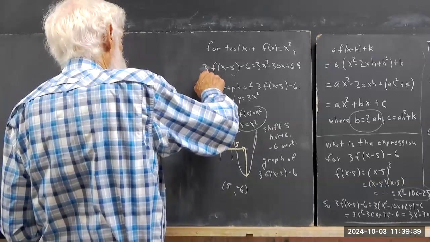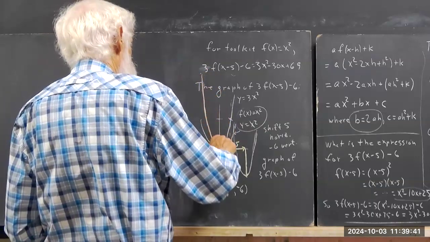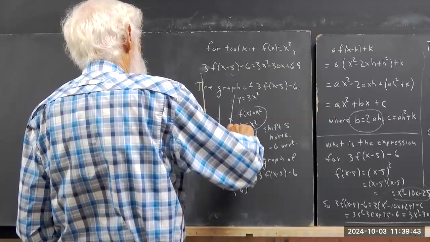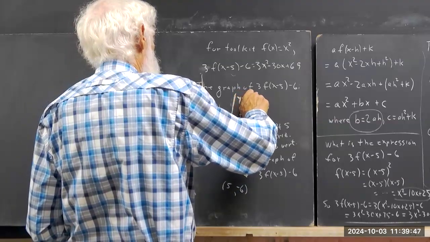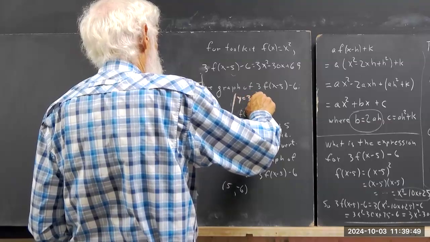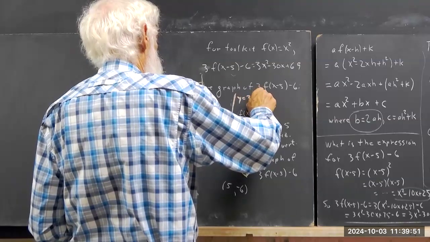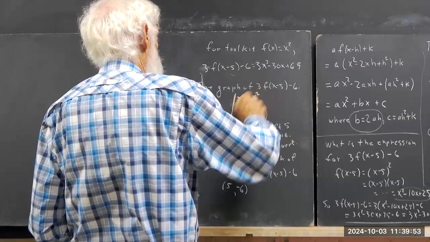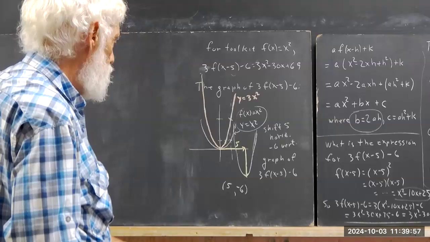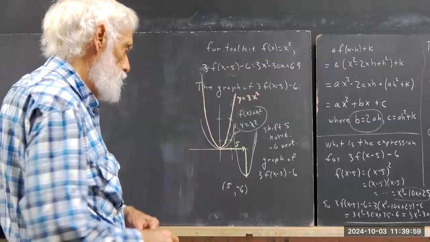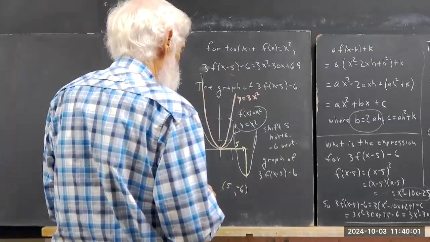I'm going to kind of make this vertical stretch graph like so. That's what I had written, 3x squared. And then down here, I could have done this different color, but we understand now.